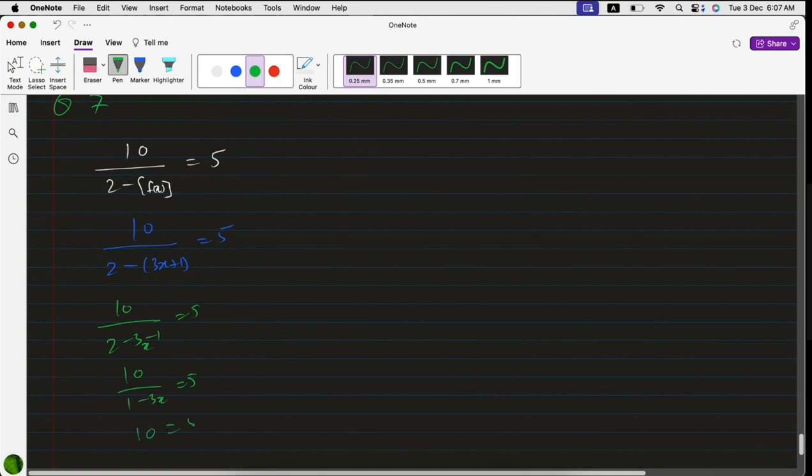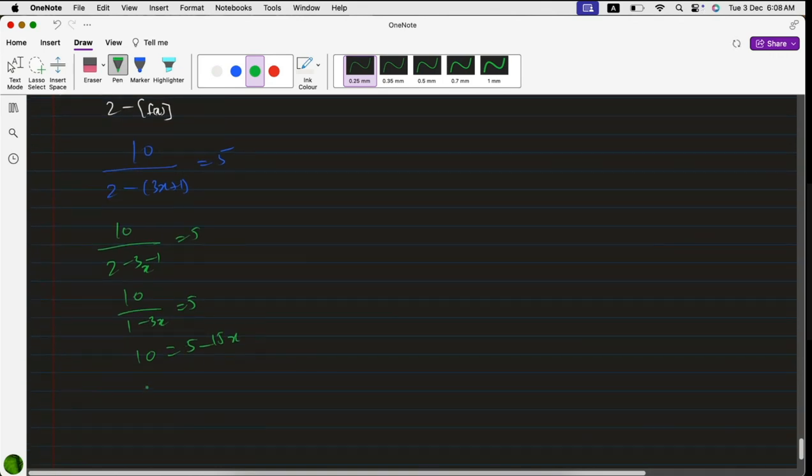Cross multiply, is 5 minus 15x. This is 5 equals negative 15x. So x equals 5 over negative 15. x equals negative 1 by 3.